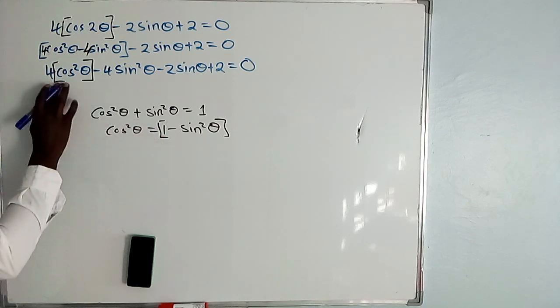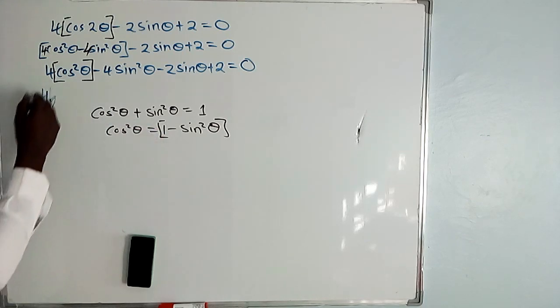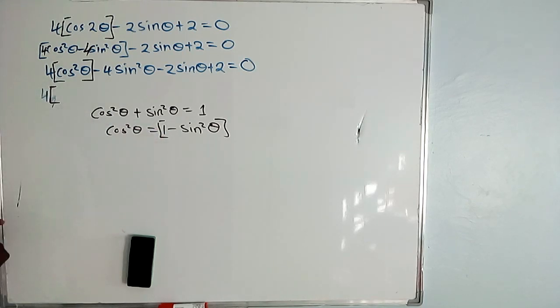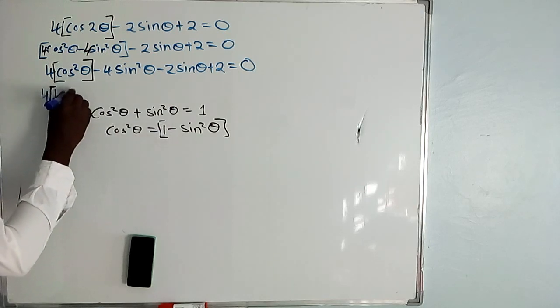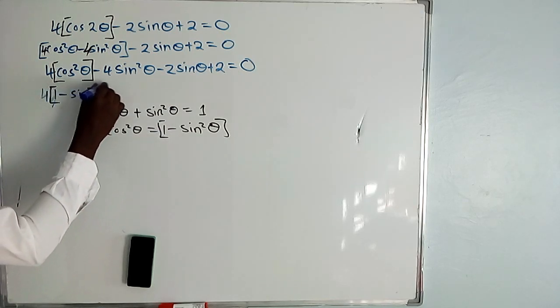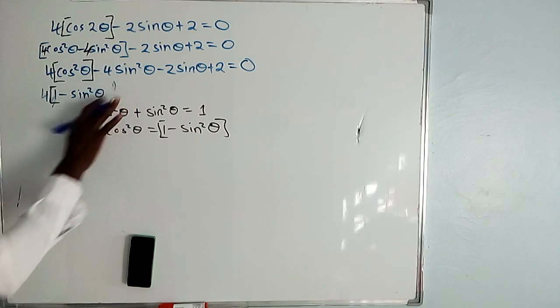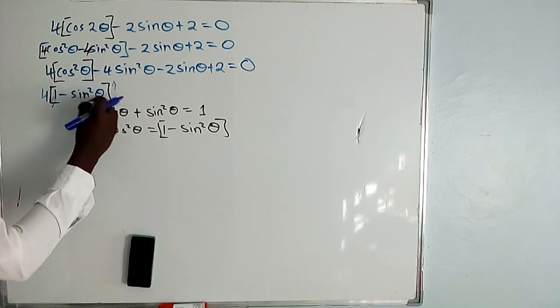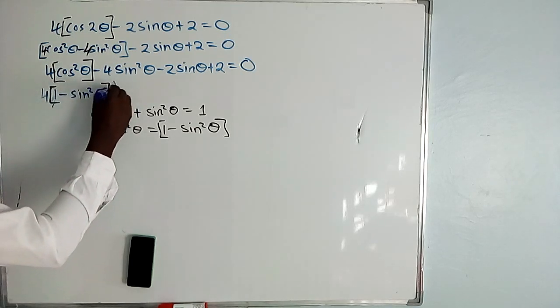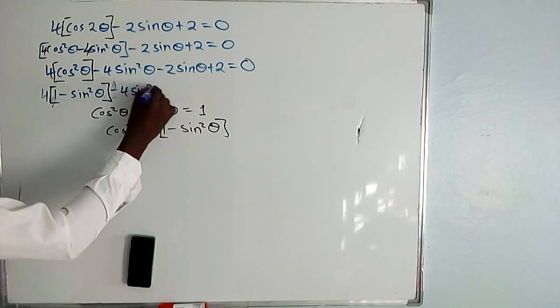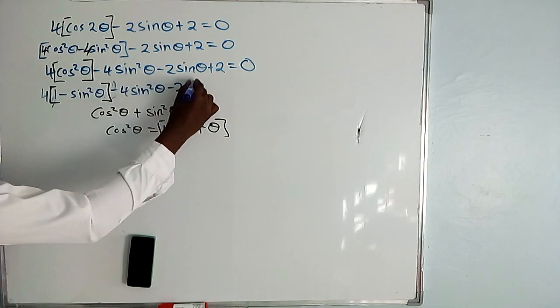So in our equation here we have 4 cos squared θ minus 4 sin squared θ minus 2 sin θ plus 2 is equal to 0, isn't it?